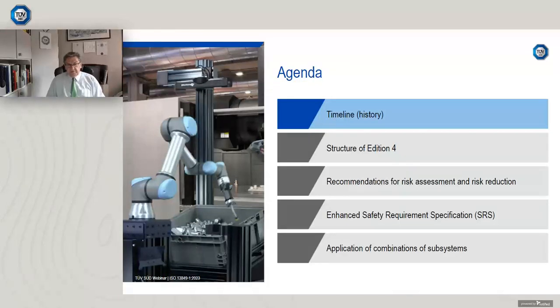The requirements for generating a safety requirement specification and verifying, validating a specification have been very considerably enhanced, so we'll look at that. Combinations of subsystems is also an approach that is getting much more emphasis in edition 4 than it's had in previous editions, so we'll be taking a look at that.